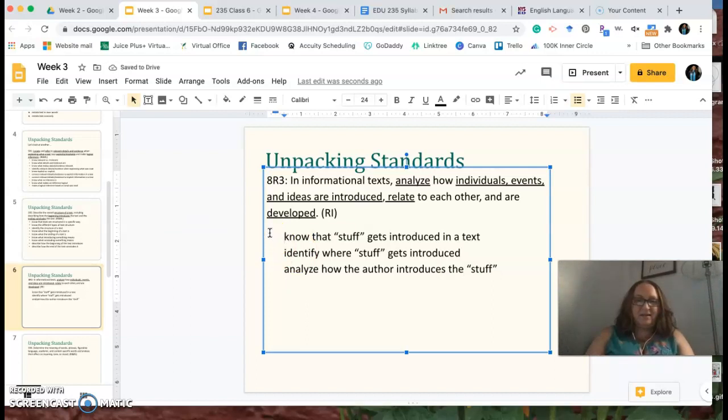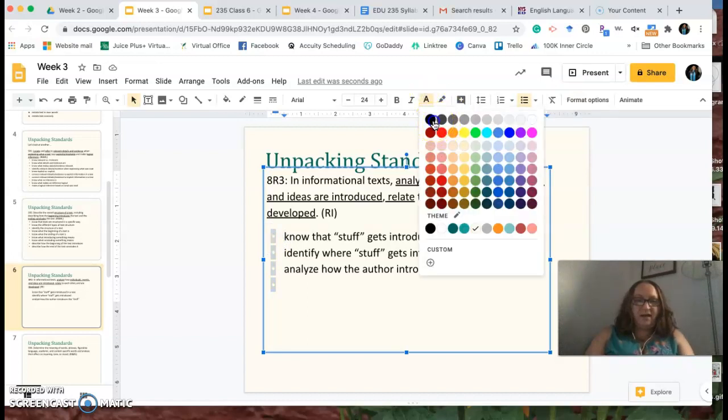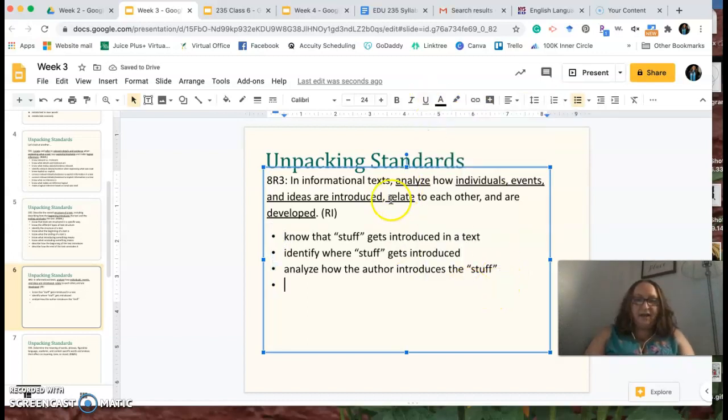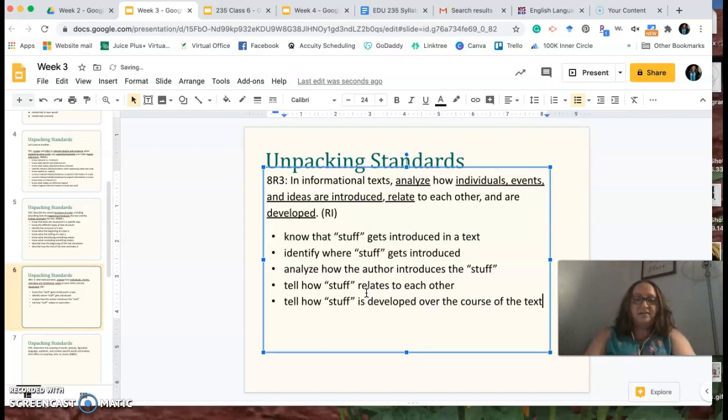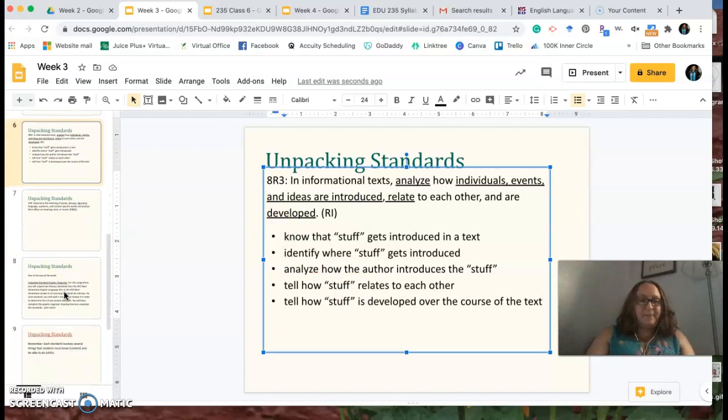Okay, so then we can look at relate. Well, they have to tell how stuff relates to each other. And then the last one, developed: tell how the stuff is developed over the course of the text. Makes sense? You could tease it out for each of these 3 things, but it's the same process, hence my using of stuff.